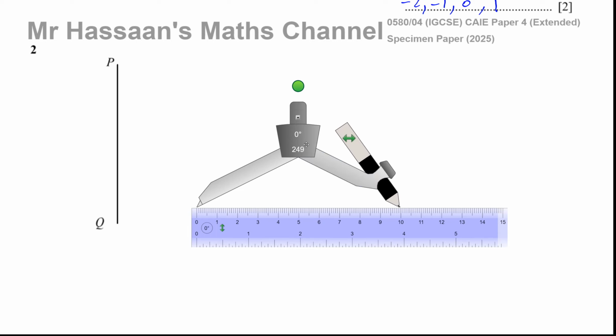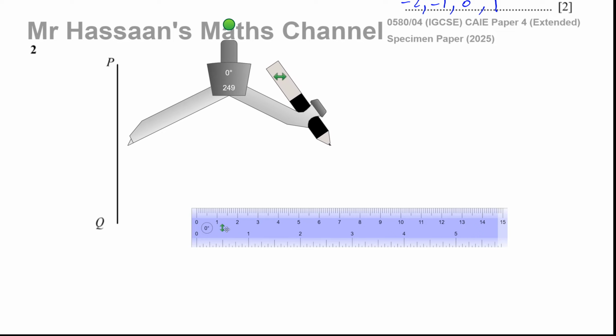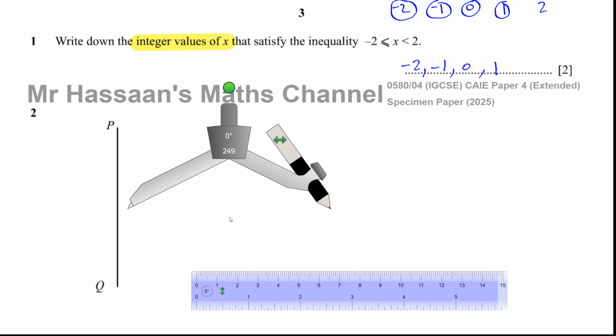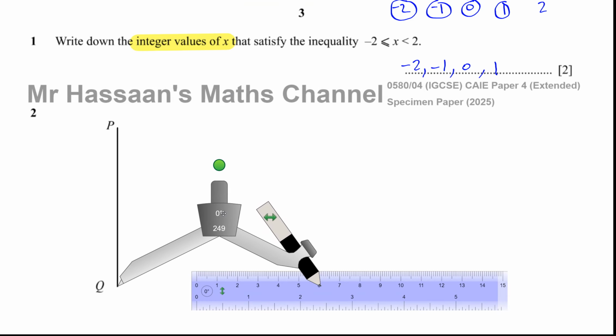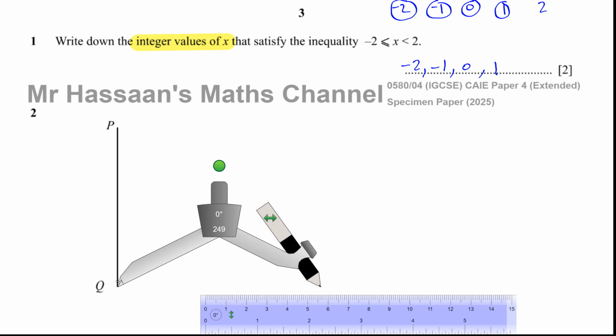I'm going to lock it there. Then from Q, I'm going to put the point on Q like this. I know that the distance between this point and this pencil is 10 centimeters.